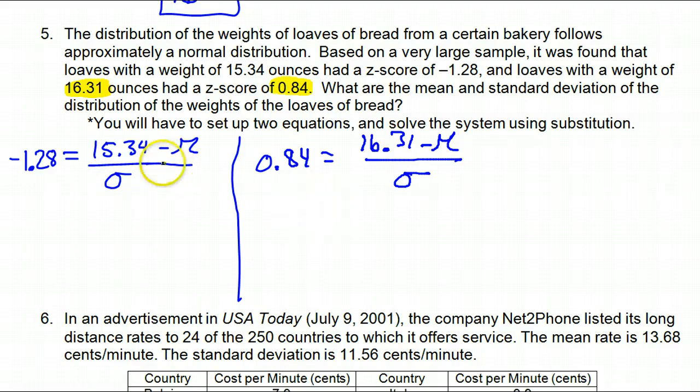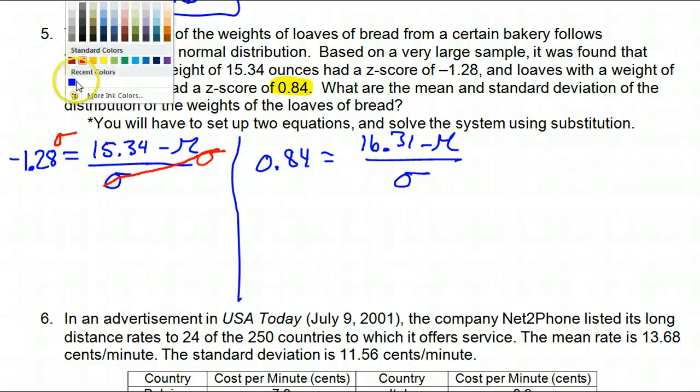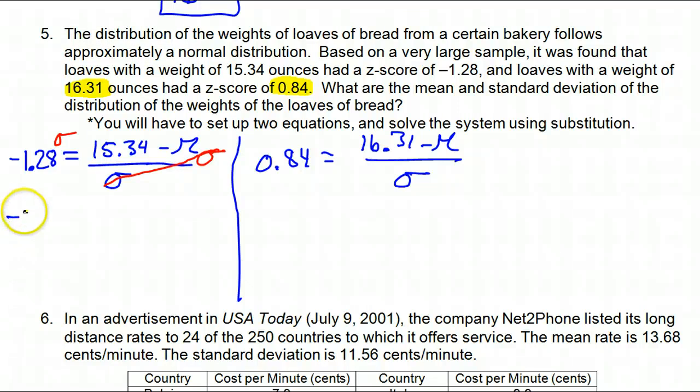Okay. I'm going to start by flattening both of these equations out. Imagine that I multiply both sides of the equation by the standard deviation, so I'm going to do standard deviation on both sides. That way those will cancel out. So far I've got negative 1.28 standard deviation equals 15.34 minus the mean.